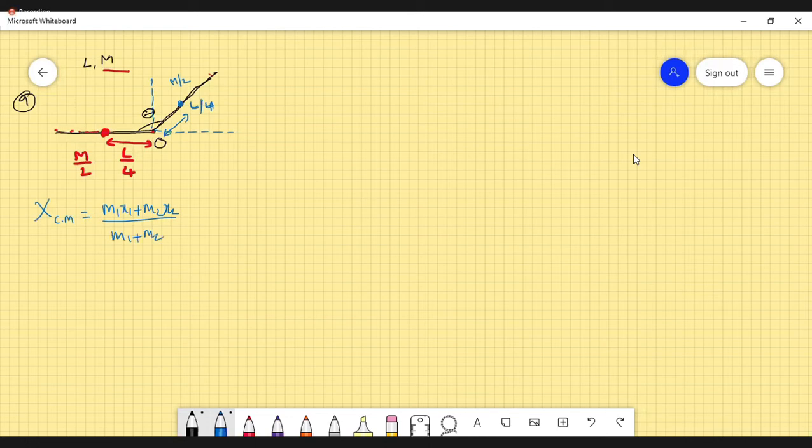Sir, if you find the resultant of both, what will we get? The resultant of m by 2, L by 4 and the other one. That formula is different, like a square plus b square plus 2ab cos theta.